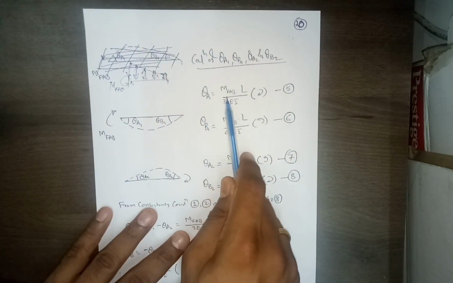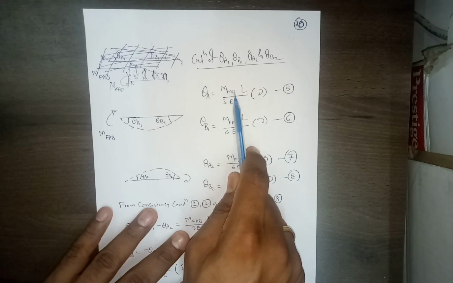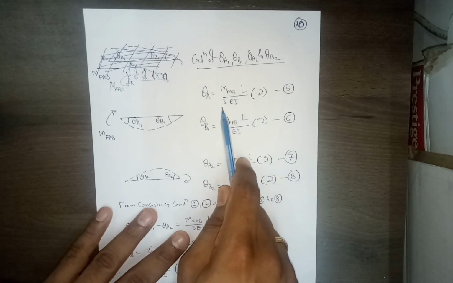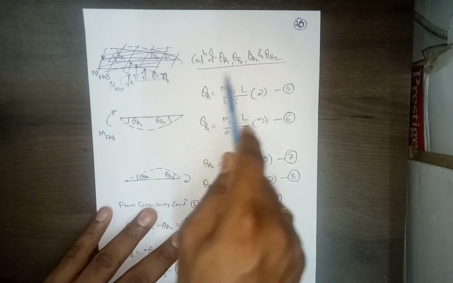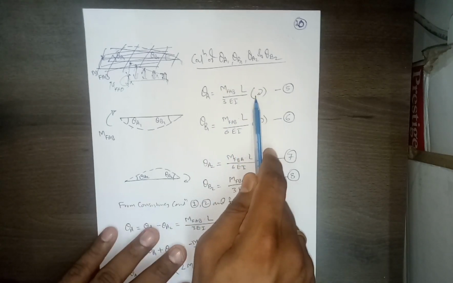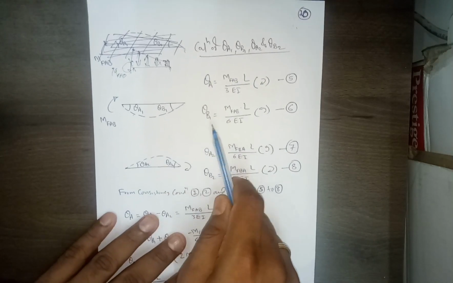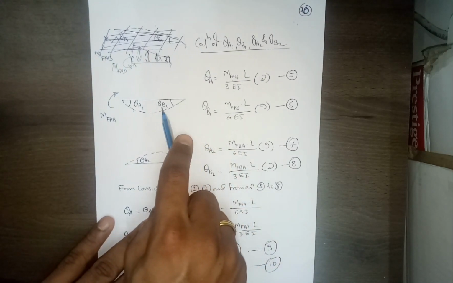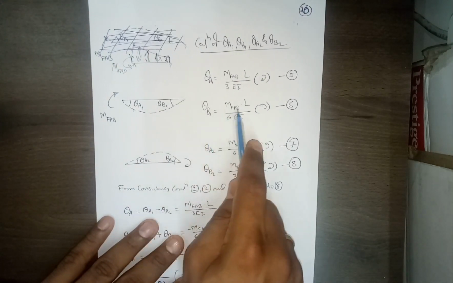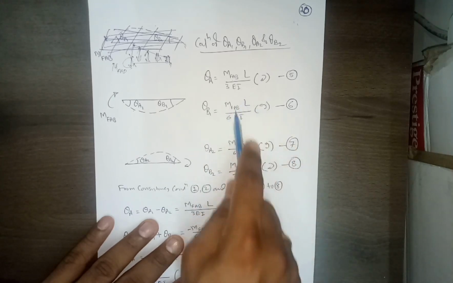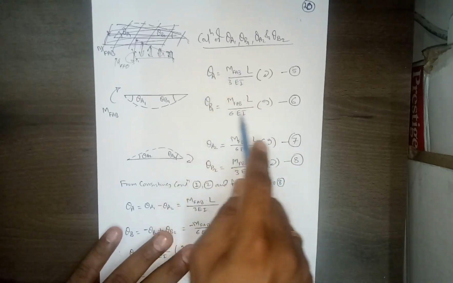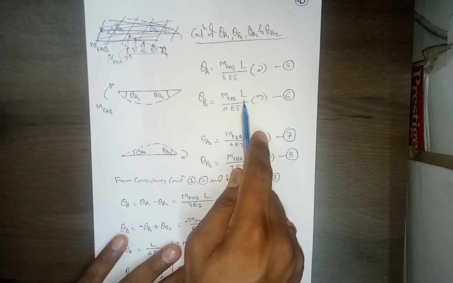So now theta a1 is equal to MFAB into L by 3EI, but this is in clockwise rotation, right? This is in clockwise direction. And then at the other end, theta b1 is MFAB into L by 6EI in anti-clockwise direction. This result you can easily get using the conjugate beam method.